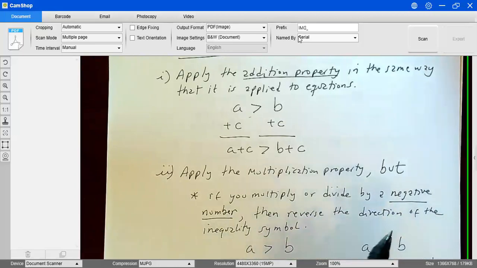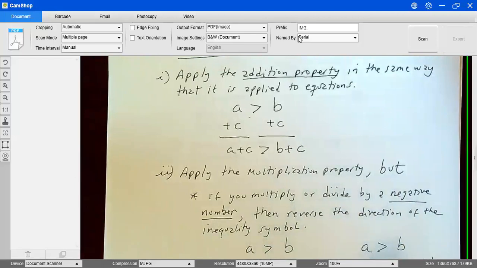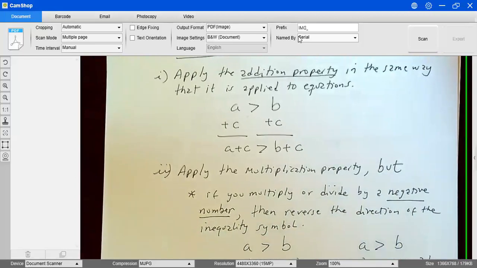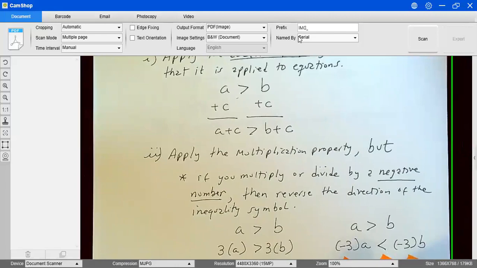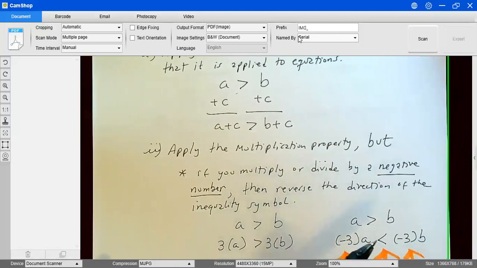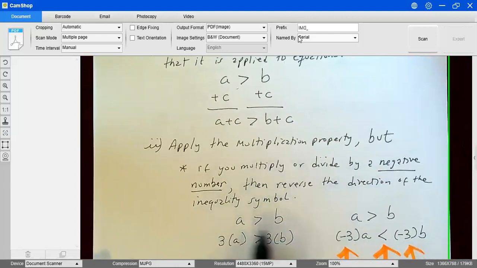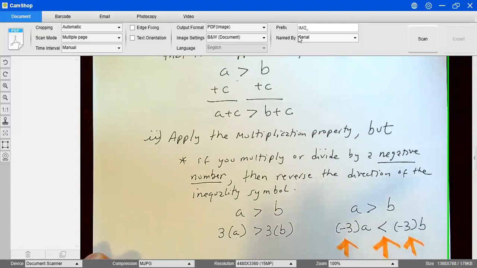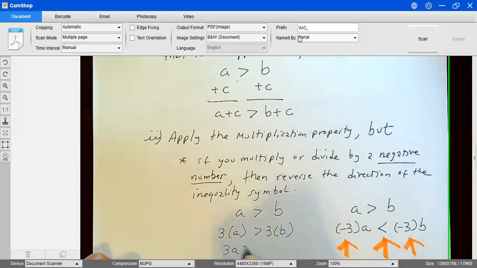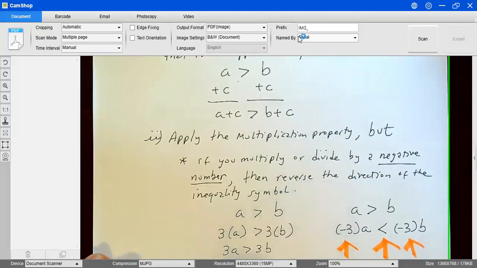This is important, because if you don't do this, your answer is going to be wrong. If you have A greater than B and you multiply both sides by 3, which is a positive number, then you just get 3A greater than 3B, so nothing changes.